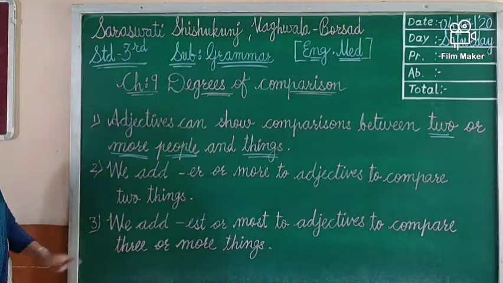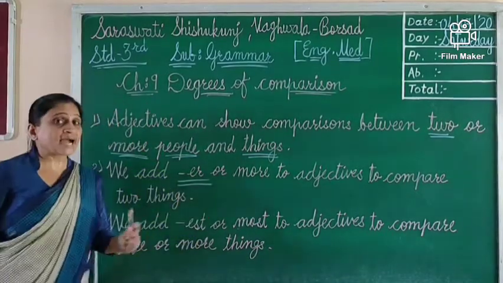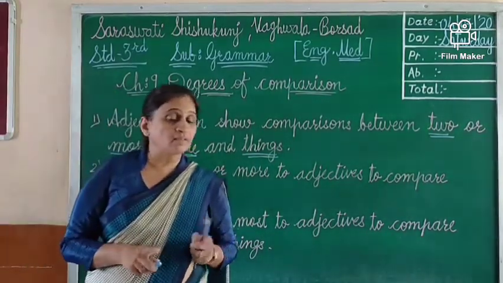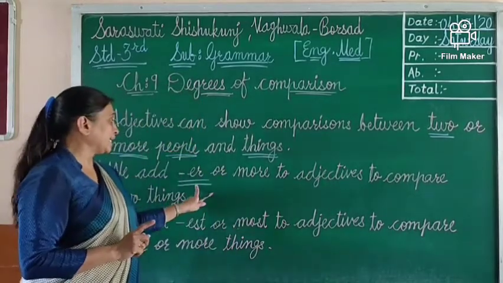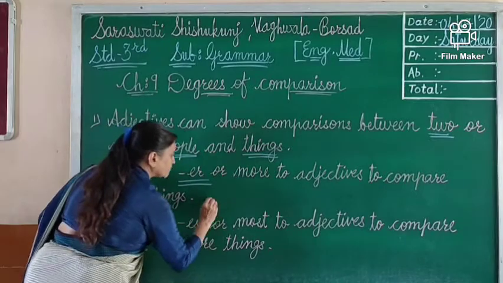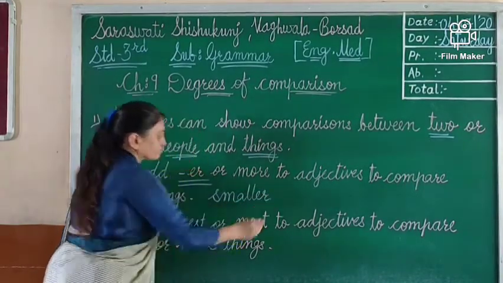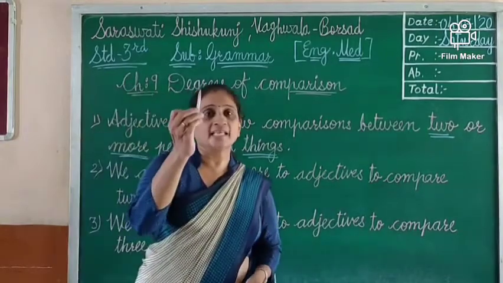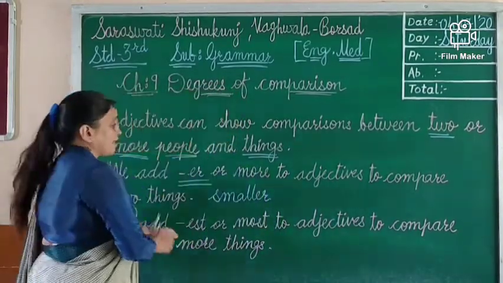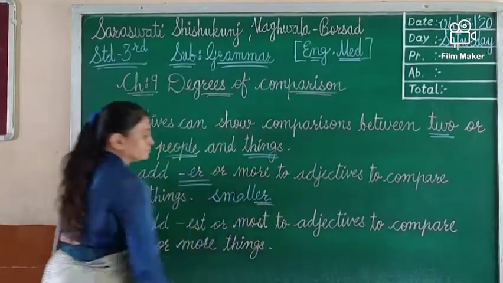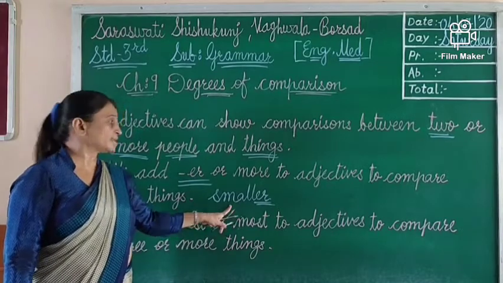In the second rule of this, we add ER: smaller, longer. So what do we add? ER. In this sentence, for example, this pencil is smaller than this pencil. So I add ER at the end of the adjective, right?